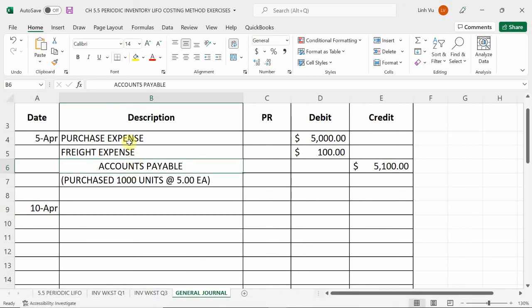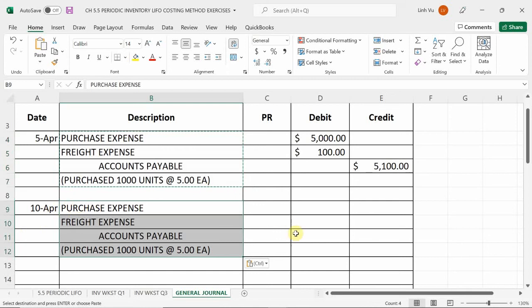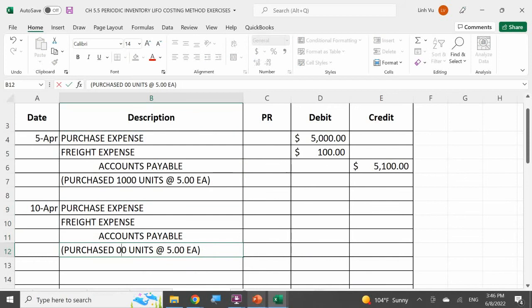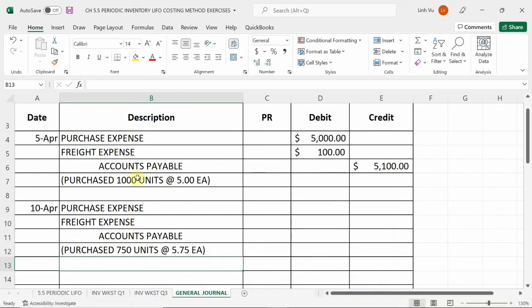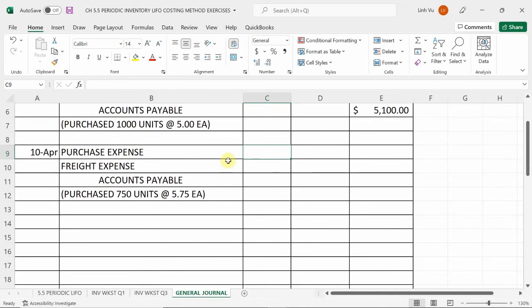I just purchased some more inventory, so therefore it's going to be the same exact transaction, right? Only difference is I have different numbers I'm calculating, right? Instead of purchasing 1,000, I can go ahead and edit this information and say I purchased 750 units at $5.75 each, right?